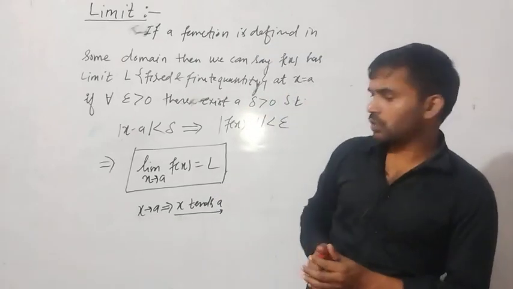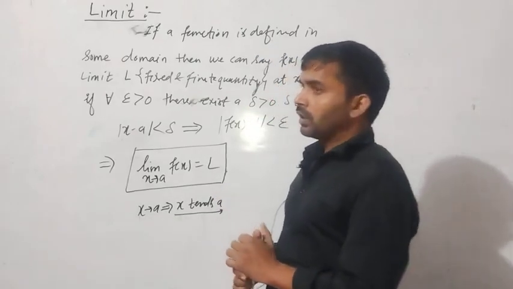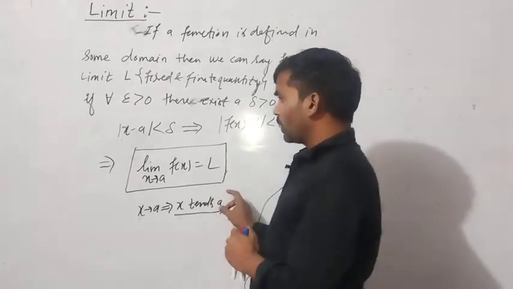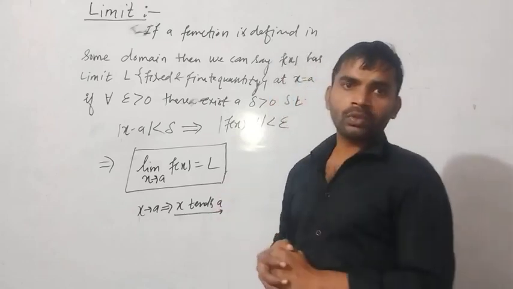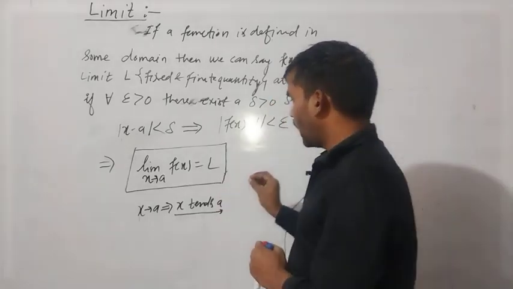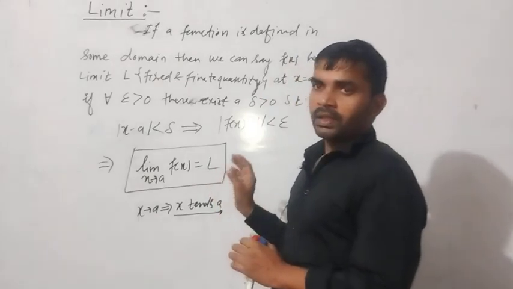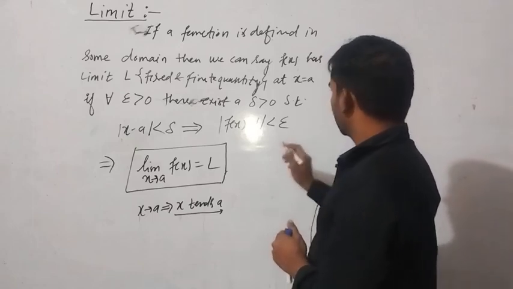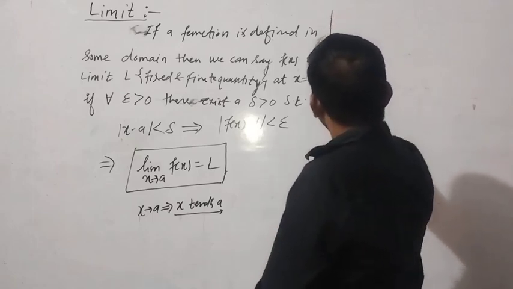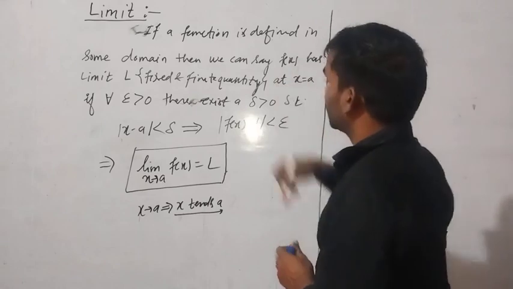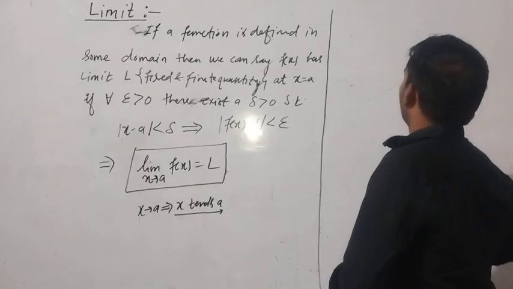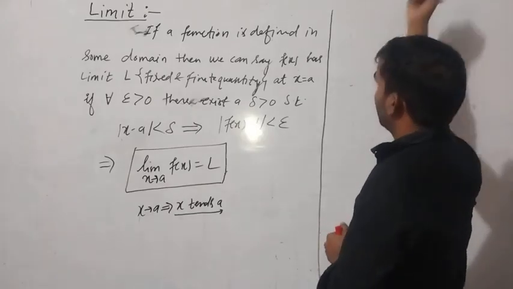The meaning of x tends to a is that we can calculate the limit of a function at a nearer value to a, that is a closer value to a, not exactly at point a. Okay, so this is the definition, and all the things in the written definition we can understand with the help of an example.